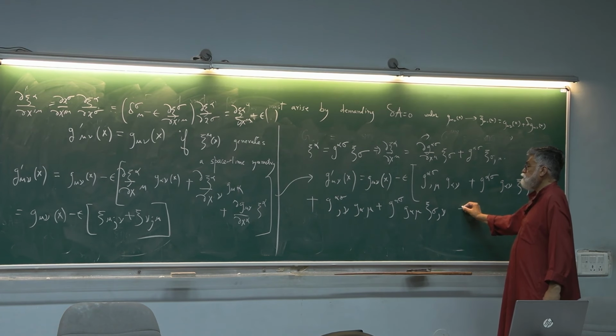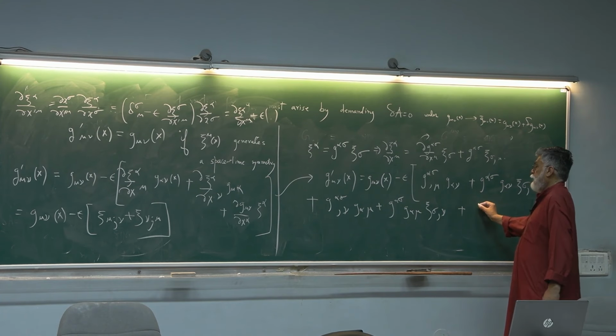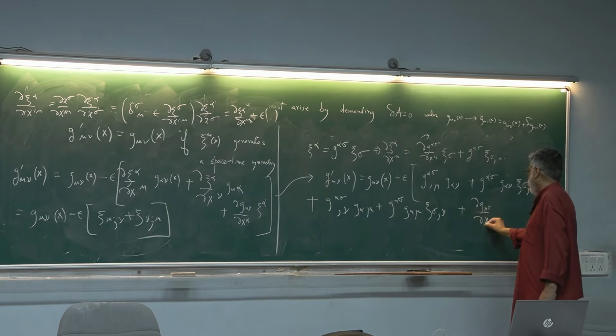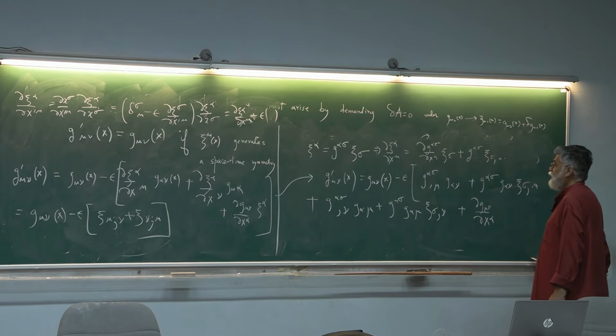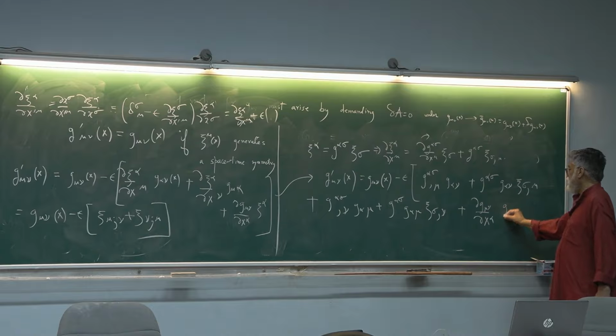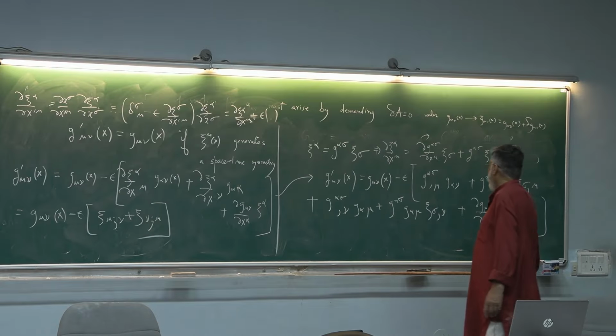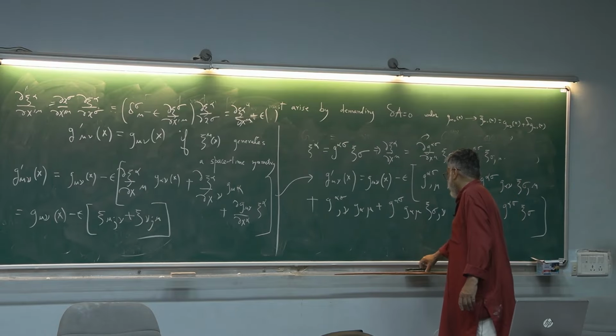plus g mu nu by del x alpha, but g alpha xi alpha is the same as g alpha sigma xi sigma. Okay, now see some beautiful result.